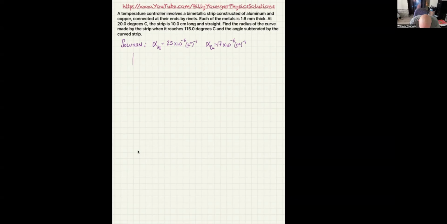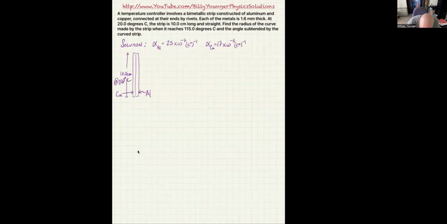Our bimetallic strip initially will look something like this. Let's assume this side right here is the aluminum, and this side is the copper, and what we know is this is 10.0 centimeters at 20 degrees Celsius.